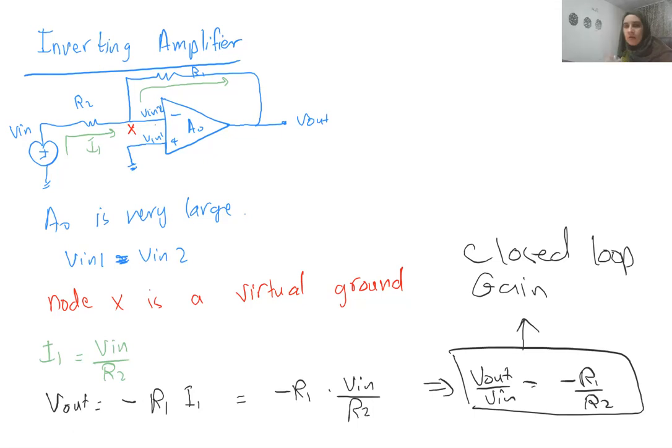Again, it depends on the ratio of the resistances, and it has a negative sign because it's an inverting amplifier. It's very important when we talk about the inverting amplifier to consider node X as a virtual ground and use this current relation. The same current that's coming from the input side will continue in the feedback, forming the Vout with the feedback resistor.